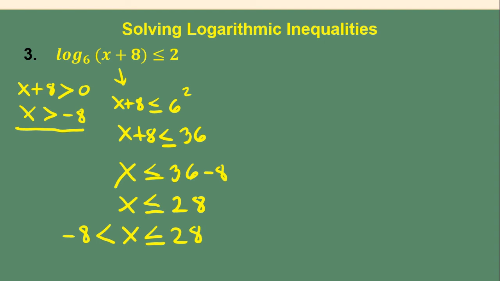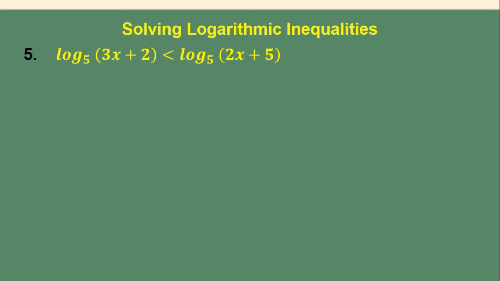And then for our interval notation, it will be from negative 8 up to 28. So open parenthesis for negative 8 because it is not included, and close bracket for 28 because 28 is part of the solution set. So from negative 8 up to 28.